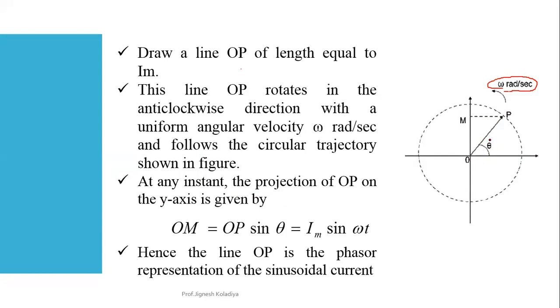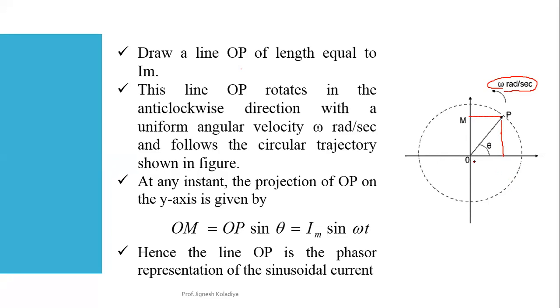When the vector is at a certain angle, you have two components, one on the x-axis and another on the y-axis.